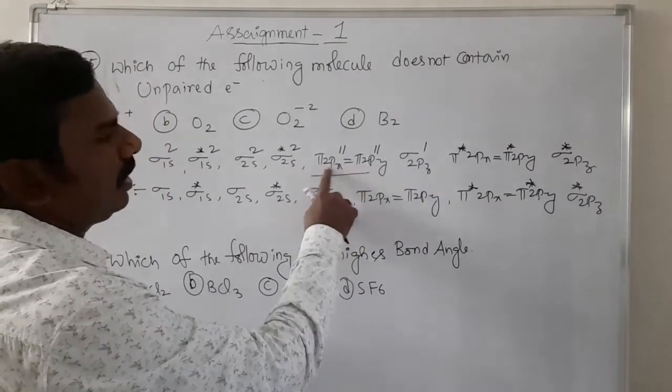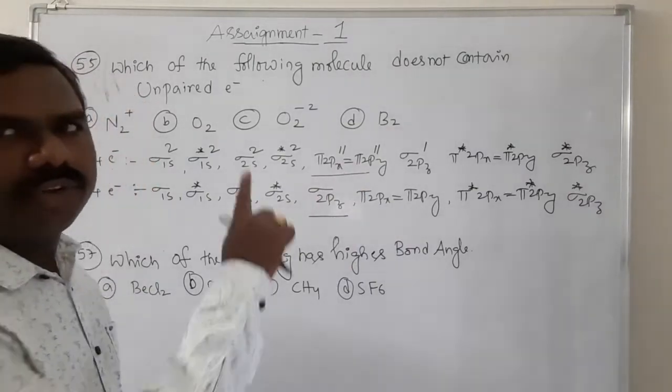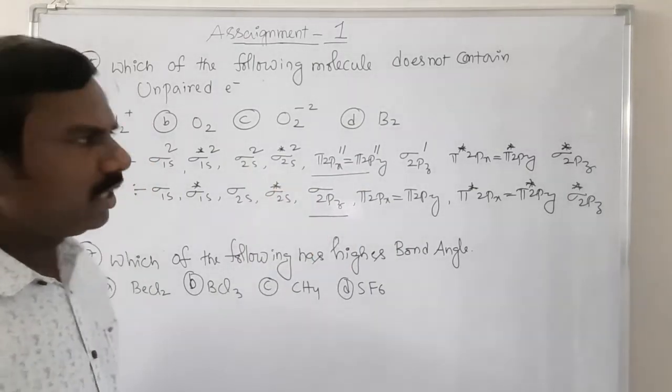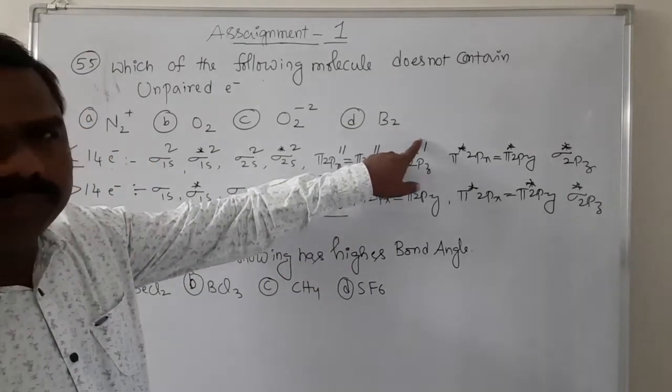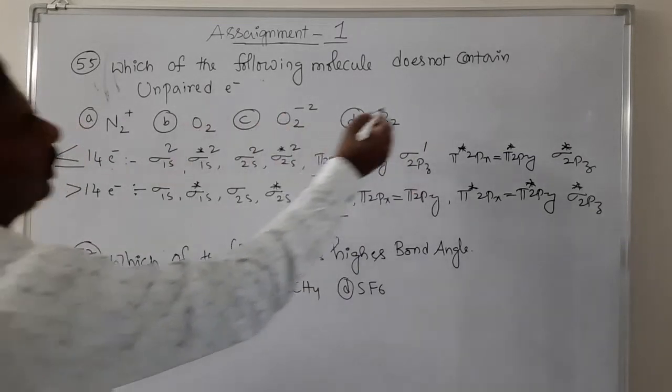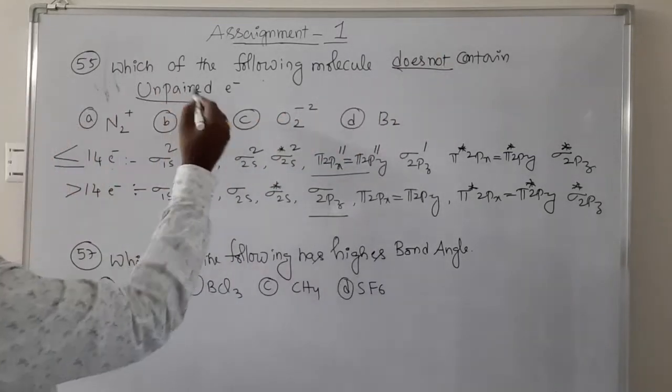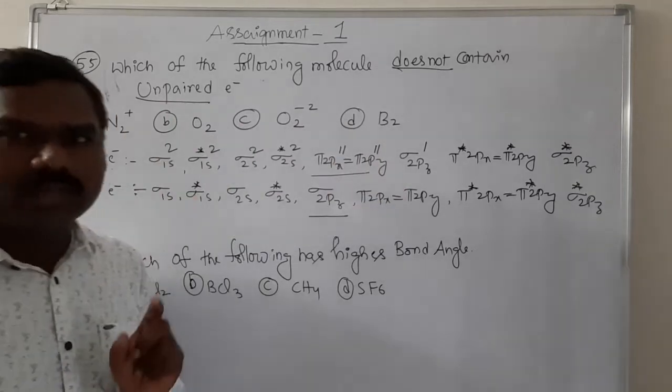These two orbitals have the same energy, hence we fill as per Hund's rule. This is an unpaired electron. We want one that does not contain an unpaired electron. An unpaired electron is there, that's why it is the wrong option.